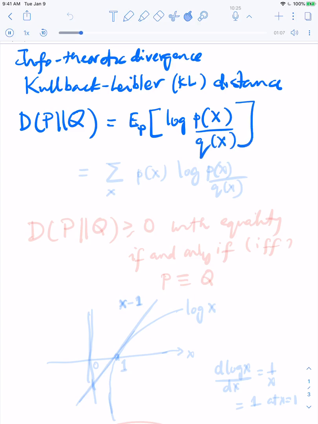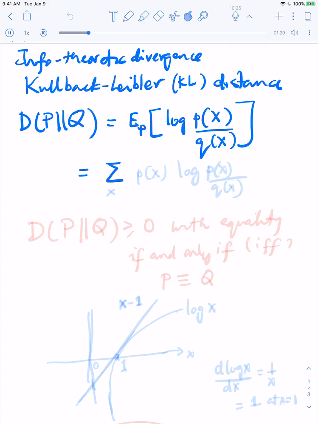That generalizes to continuous random variables and vectors as well. So this is the general definition of KL distance or information theoretic divergence. For doing the proof, it'll be easier to just talk about discrete random variables.